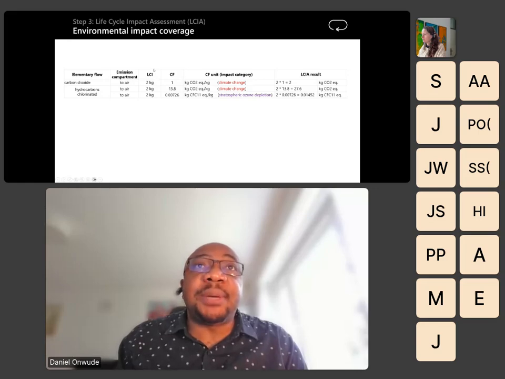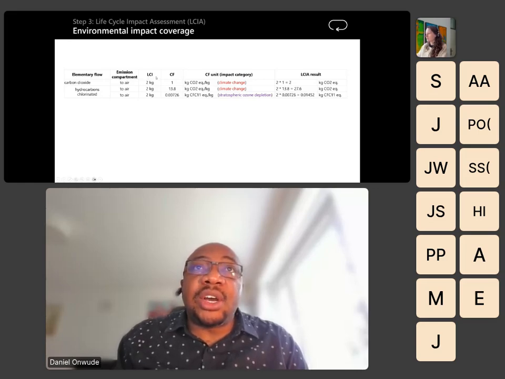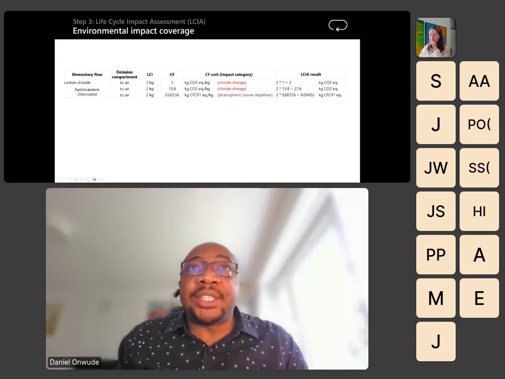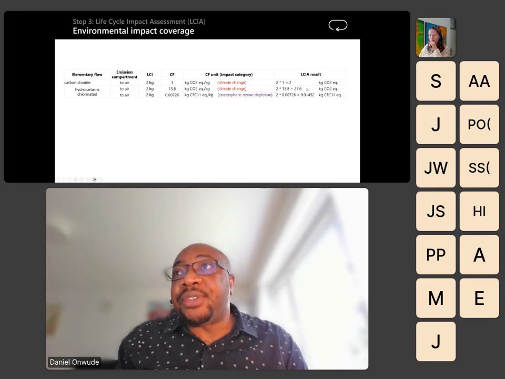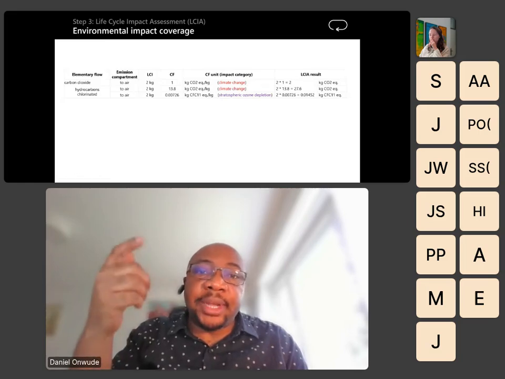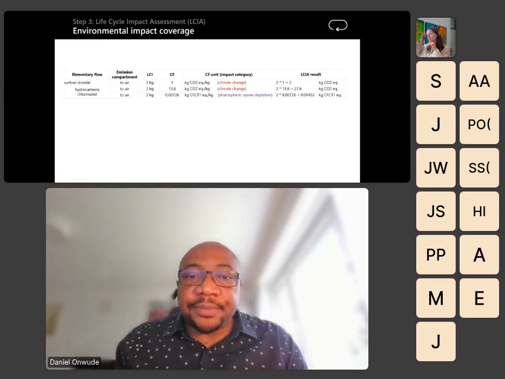Even though after your life cycle inventory you have the same amount of emission, 2 kilograms here, 2 kilograms here, the characterization factor differs between the two types of impact category. You get a different result, right? So this is very important to see, and this is exactly the concept that we implemented in our solution.